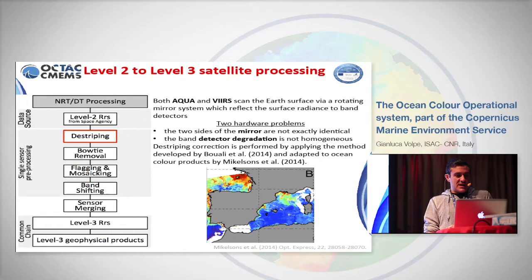Okay, let's move to the level 2 to level 3 satellite processing. The processing is made basically of 4 parts: the data download from space agencies, the single sensor pre-processing, which is very important, then the sensor merging and the geophysical product retrieval.